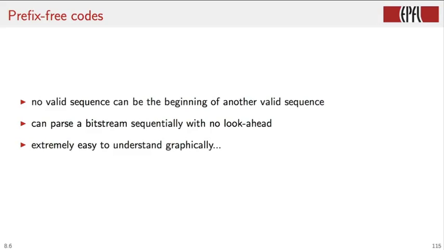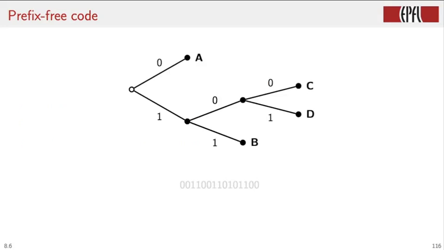It's very easy to understand this if we use a tree structure to represent the code and to represent the decoding process. So this is a binary tree that represents the encoding of 4 symbols, A, B, C, and D, with a prefix-free code. The way this works is that we associate at each node 2 branches. The upper branch is associated to the binary digit 0 and the lower branch to the binary digit 1.